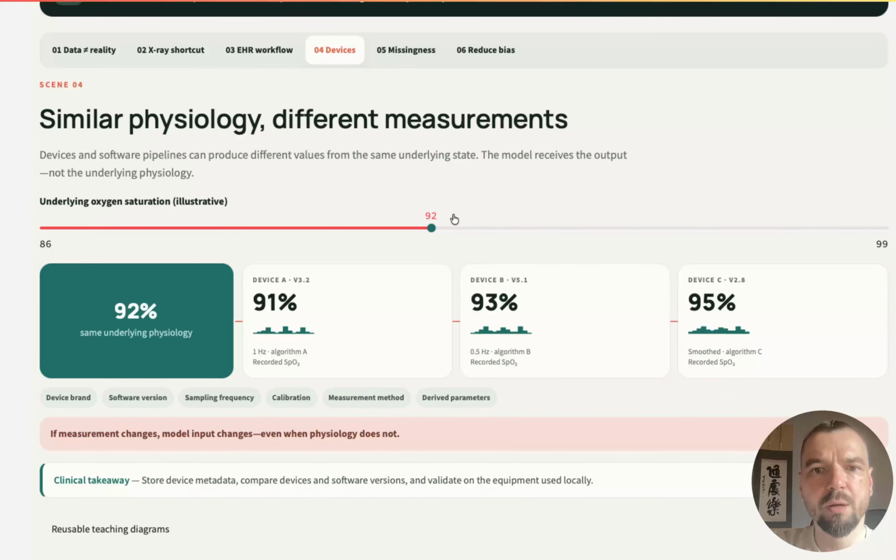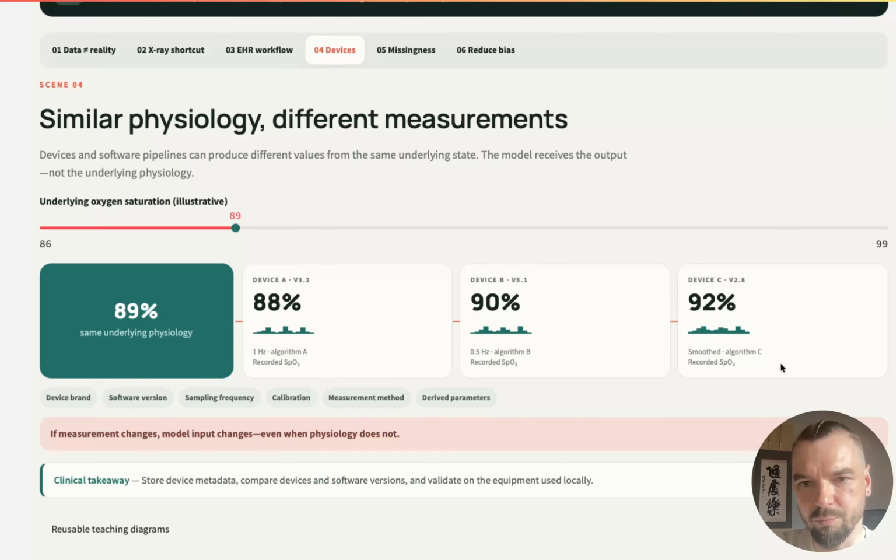The same with devices. We have some measure. We can have one measure, but different devices can measure it a little bit differently. If we always measured with this device and then we change it, or in another hospital we use another device, model performance will be worse, because the real value is 89, but we trained that it's, for example, 90.